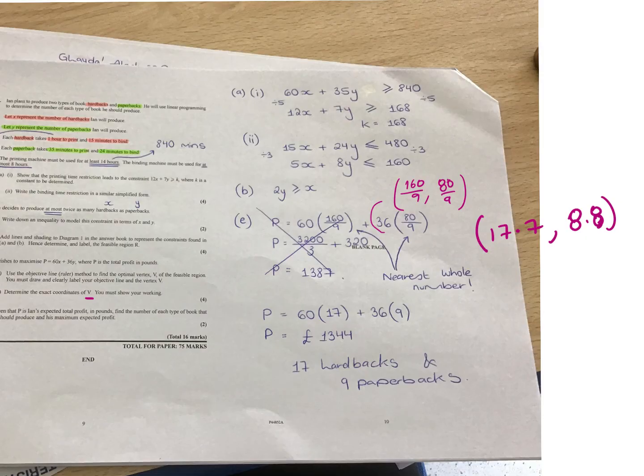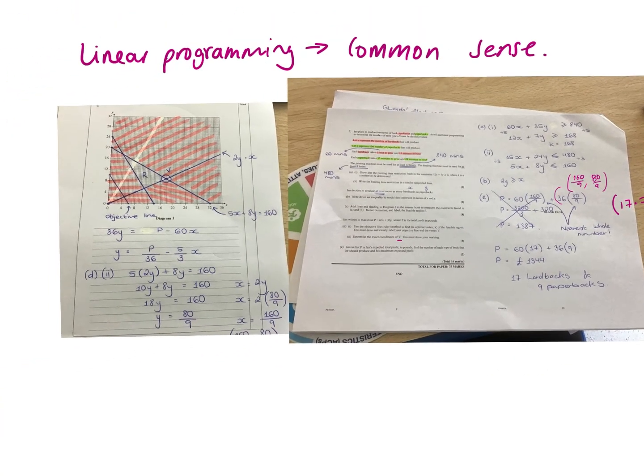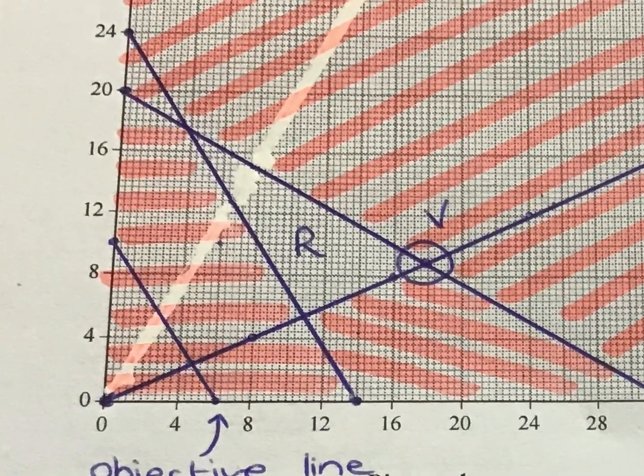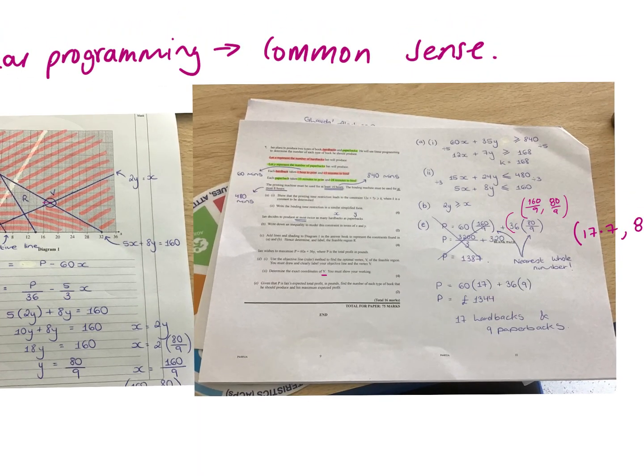Where is 17.7 on the graph? The region is anything less than 17.7, so the nearest integer is in fact 17. For that one, we would round down.